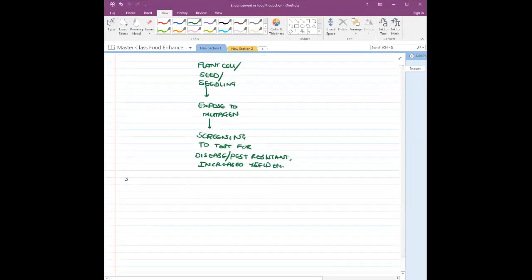Examples that we have here: first, we have developed moong beans, and these beans are going to be resistant to moong mosaic virus, or the second one is powdery mildew.